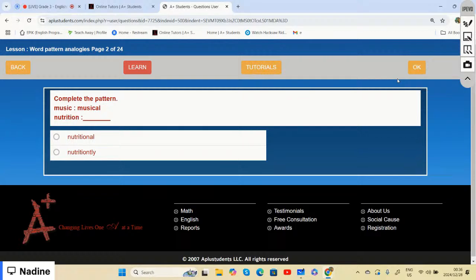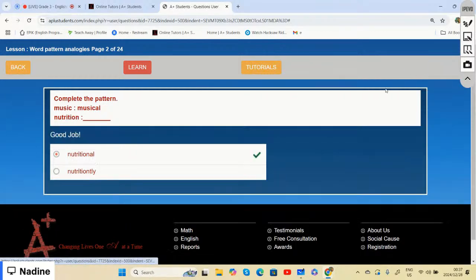Does it mean option one, it is nutritional, or option two, nutritionally? All right, and if we were to choose the correct option, then yes, nutritional is correct. Well done.